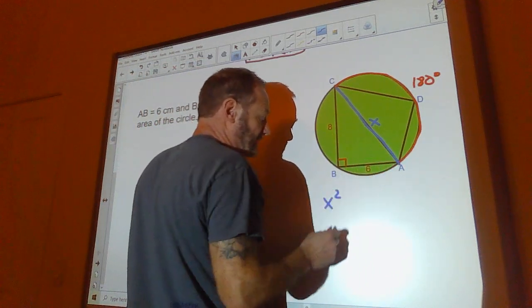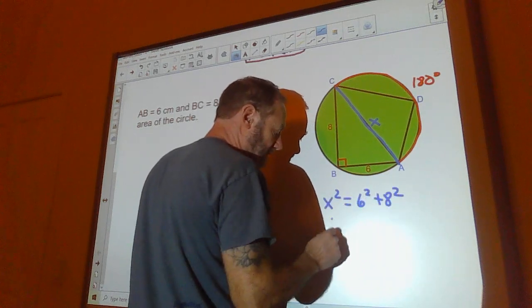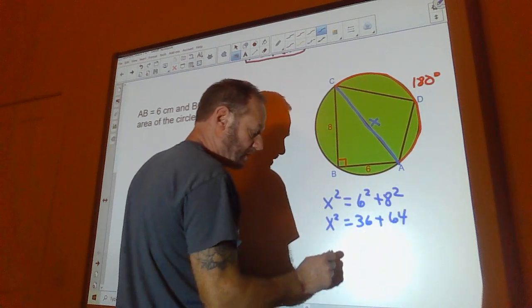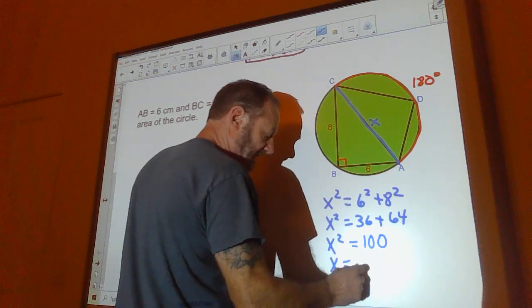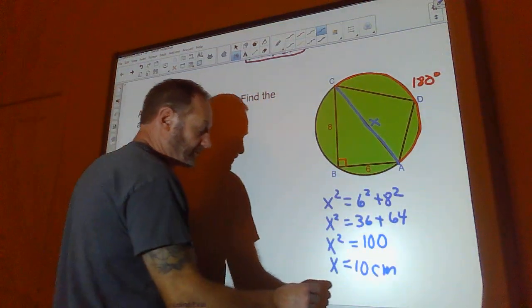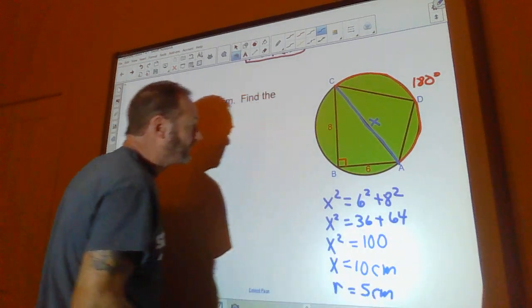If I call this x, x squared is equal to 6 squared plus 8 squared. So x squared is 36 plus 64. So x squared is 100, which tells me x is 10 centimeters. That tells me that the radius is half of that. That's 5 centimeters.